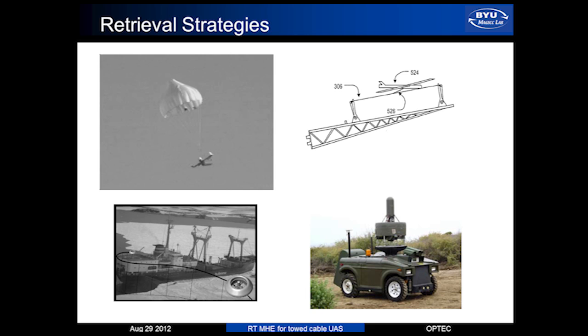They use the UGV to launch this UAS, and after they complete their mission, they can come back and land on this UGV again, recharge, and relaunch again. That's the basic idea. The drawback is that we need a UGV, and how should we control that? That is a more complex thing.